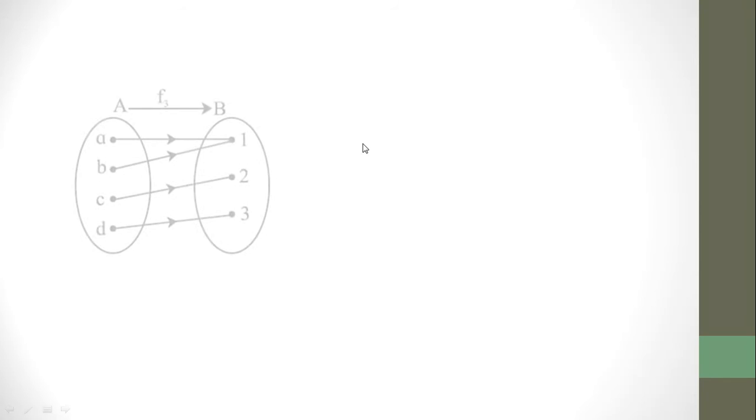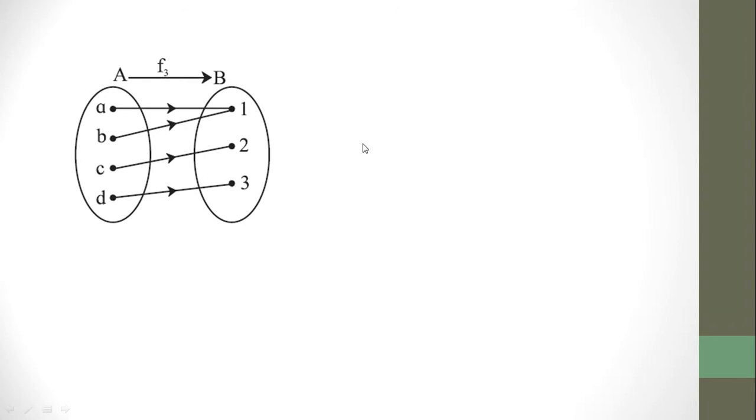Now we will discuss this concept by some Venn diagrams. Now see this function f3 from A to B. In this function, A is related with 1, B is related with 1, C is related with 2, D is related with 3.